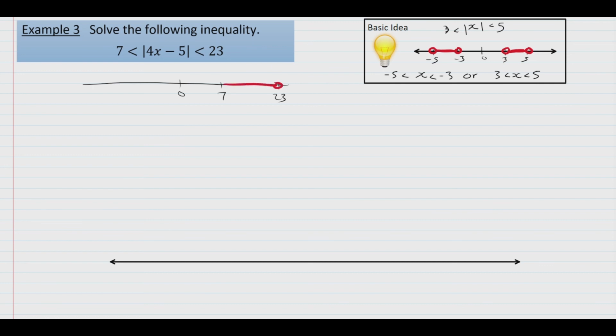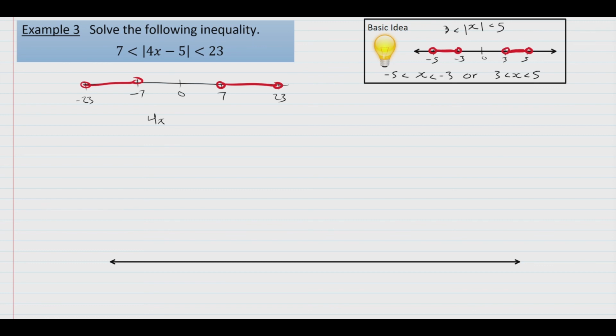I'm using open circles here because we're not including 7 and 23. If we were including 7 and 23, you would just have filled in circles there. And we also have the possibility of numbers between negative 23 and negative 7, because in that case, the distance from 0 is still between 7 and 23. And you can have either case, so let's write them out separately.